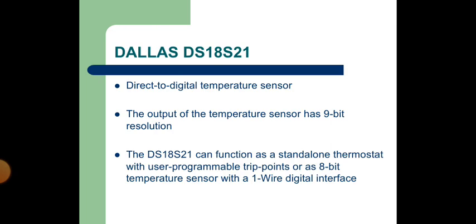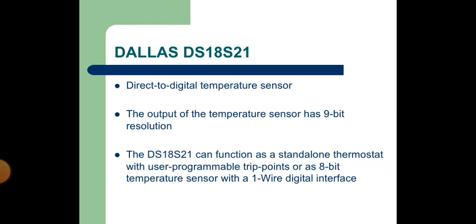The Dallas DS18S21 is a direct-to-digital temperature sensor, just direct. Then it also has an output temperature sensor of 9-bit resolution, unlike the PIC16CR8X that we said had an 8-bit, and then the PIC SICO that I don't have time to go back to.